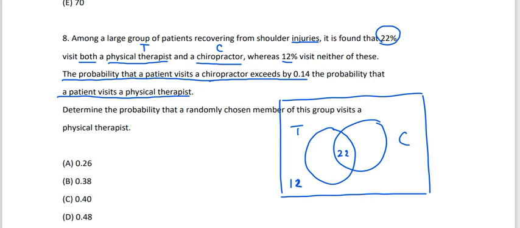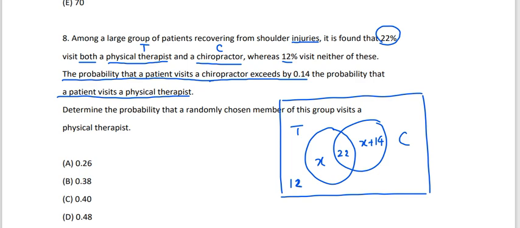So if we put X here, this should be X plus 14, right? 14% more. Okay, so now we want to find this X, and then we can find everything.